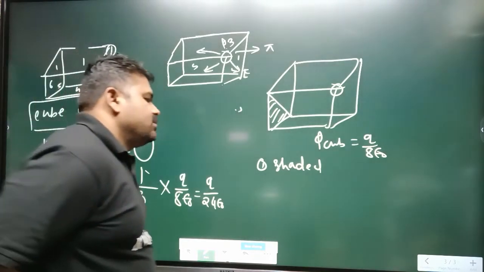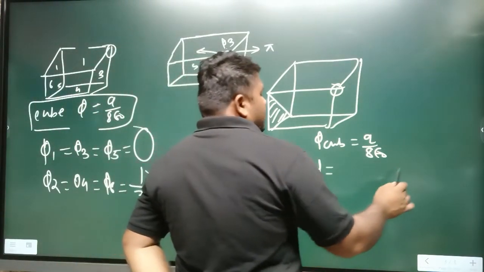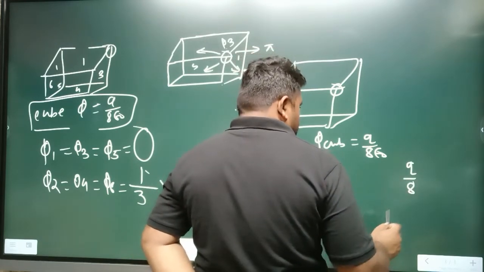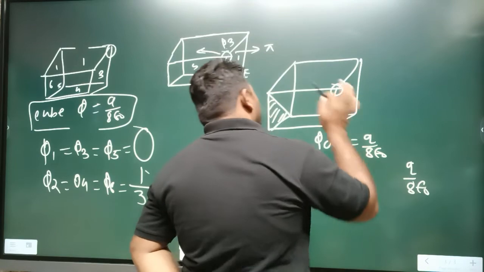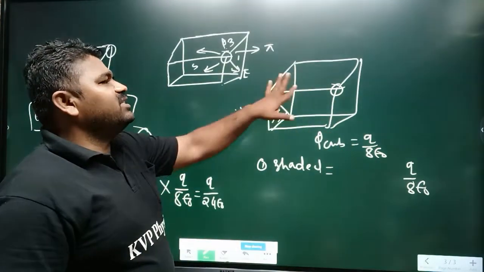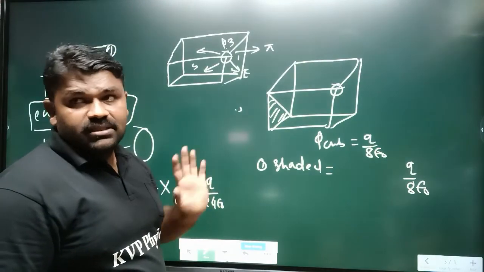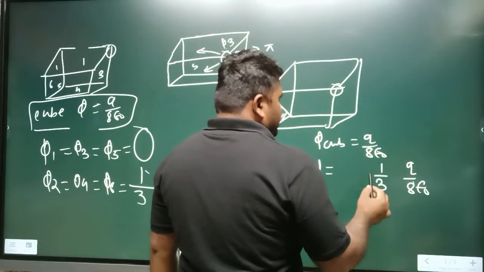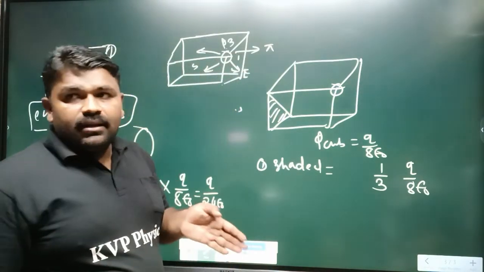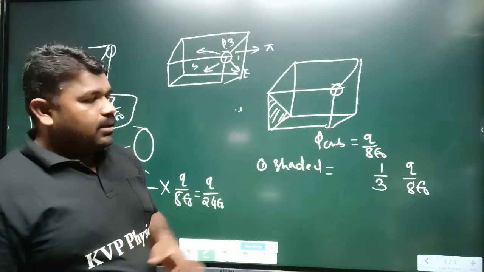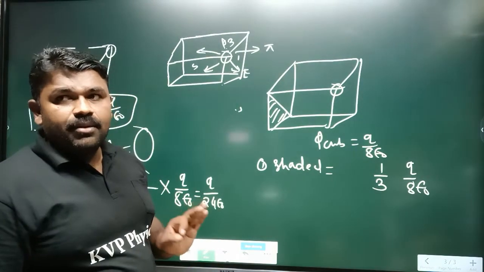Okay, write down first: total available is Q by 8 epsilon naught. This much flux is available for this cube. Next, out of this, only 3 surfaces have flux passing. So this becomes 1 by 3, that is, for one surface 1 by 3 into Q by 8 epsilon naught amount of flux.